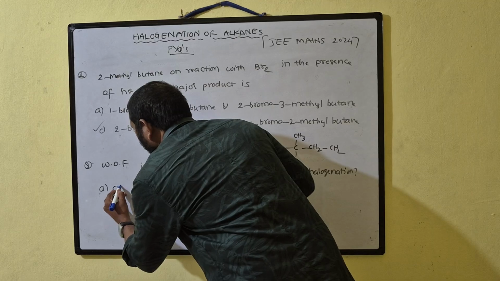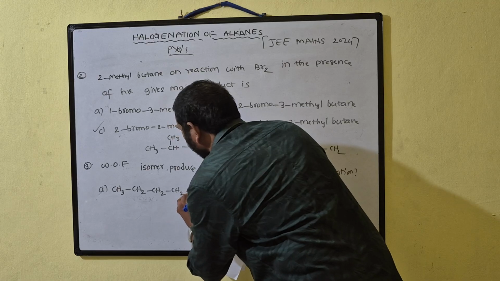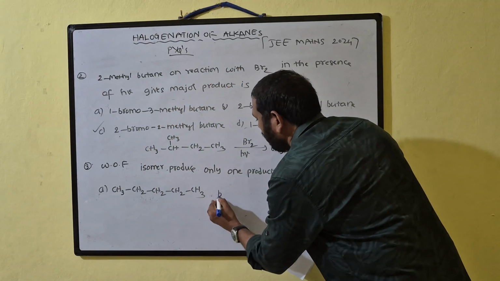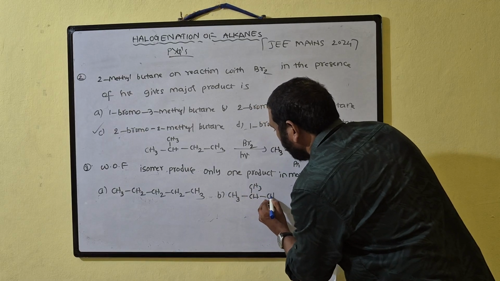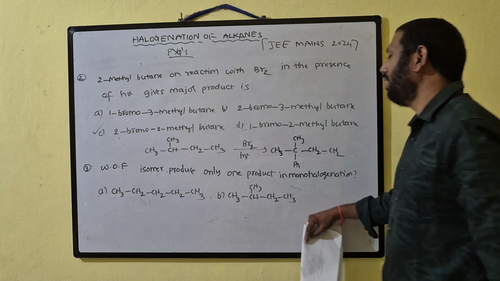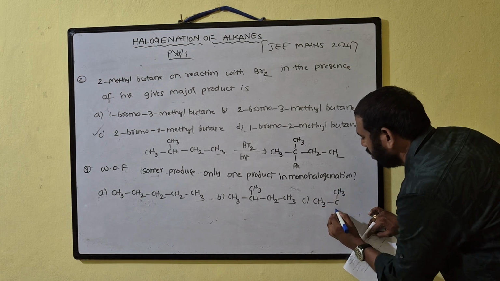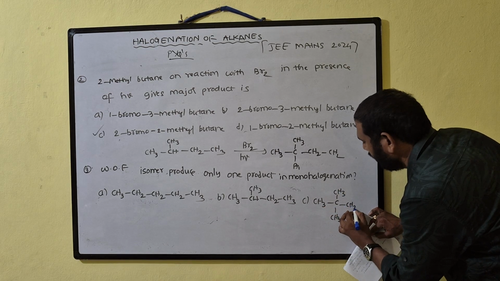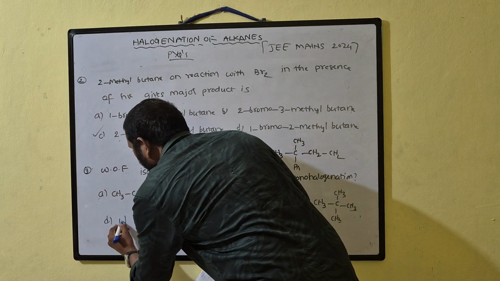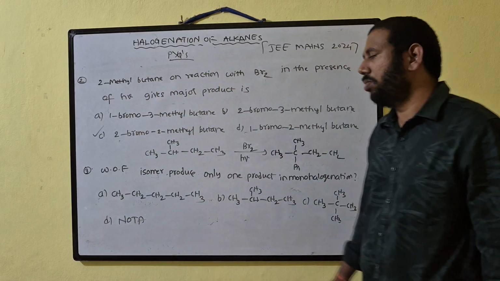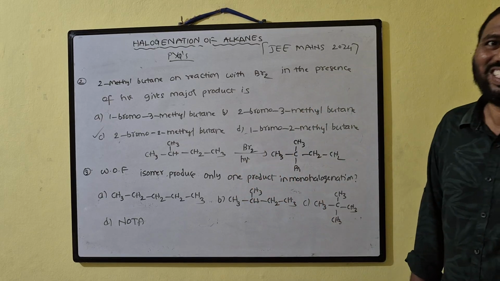Option A, CH3-CH2-CH2-CH2-CH3, pentane. Option B, CH3-CH(CH3)-CH2-CH3, 2-methylbutane. Option C, C(CH3)4, it is called neopentane. Option D, none of the above.